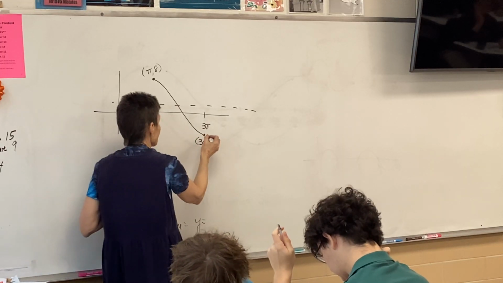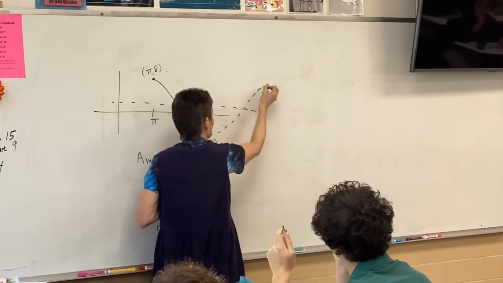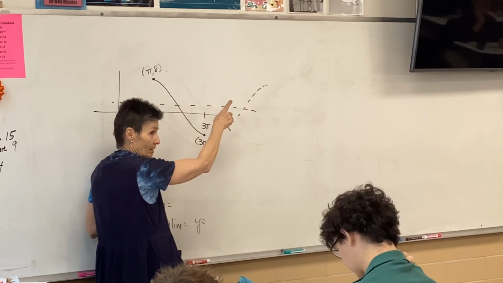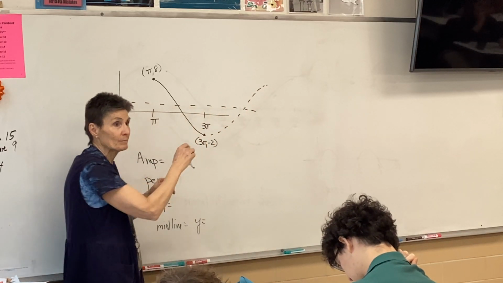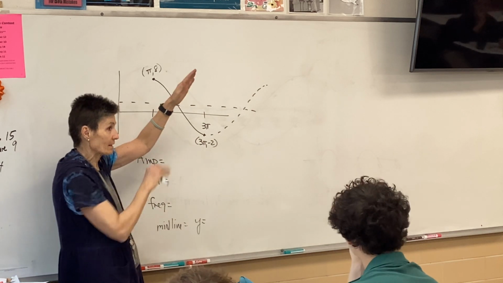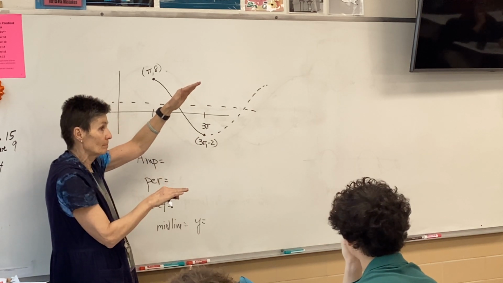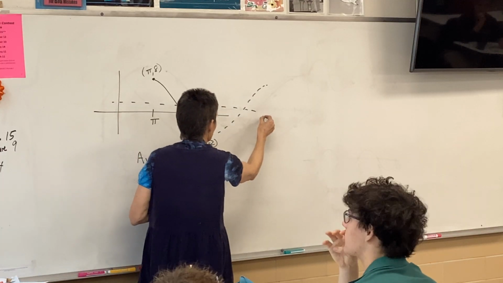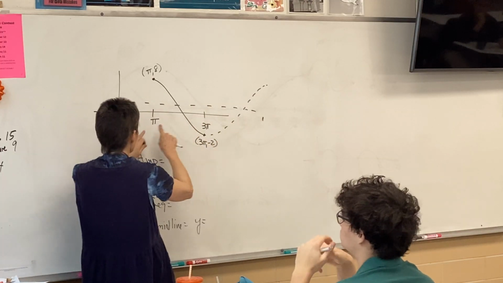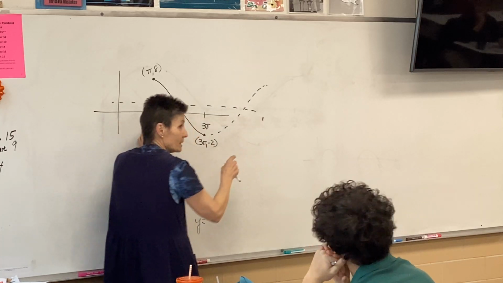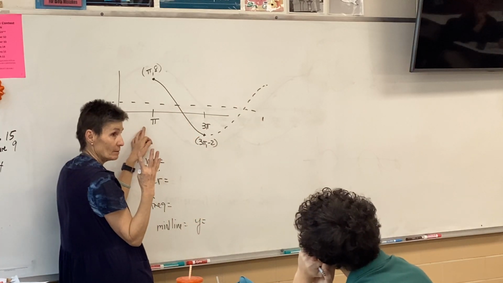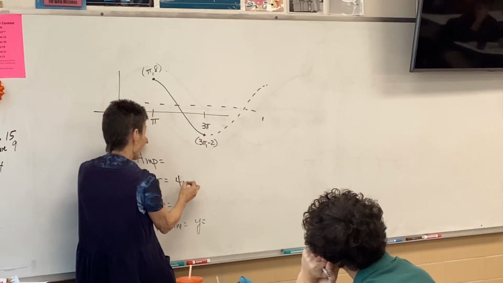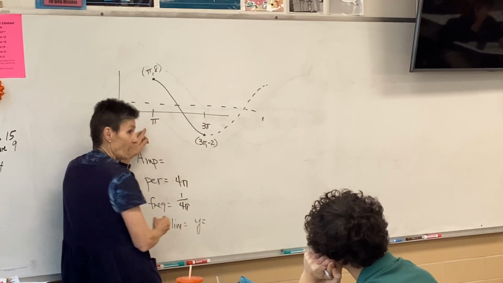So does it make sense that to the next maximum would be another 2 pi? Because isn't the max to the min half of it? So if that would be another 2 pi, then the total would be 4 pi. So our period's 4 pi and our frequency's 1 over 4 pi.